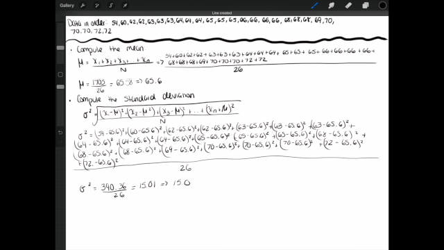So now that we have our population variance, we can find our standard deviation, which is the square root of our population variance. So our population standard deviation will equal the square root of 15, and this equals 3.87, which equals 3.9 when rounded to the nearest tenth.